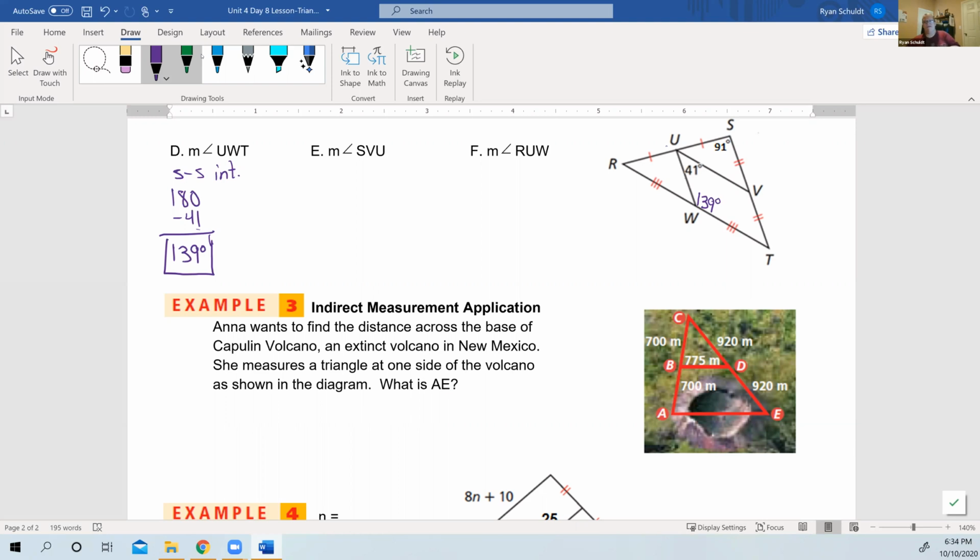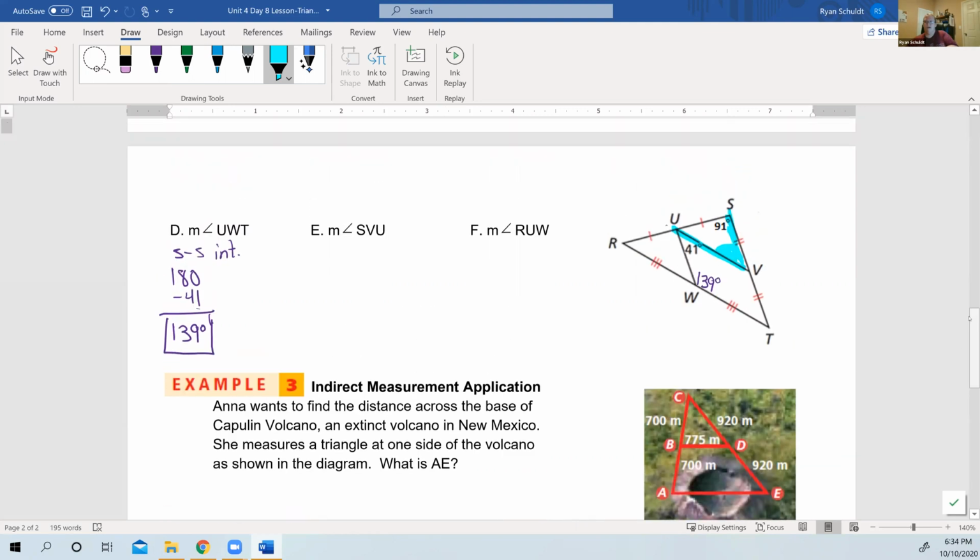So now it asks about SVU, angle SVU. SVU. That's this angle right here. Well, what can I do to help find it? I know these are parallel.